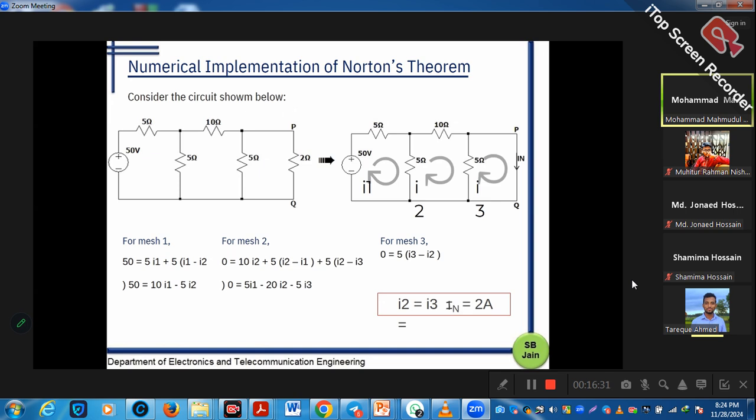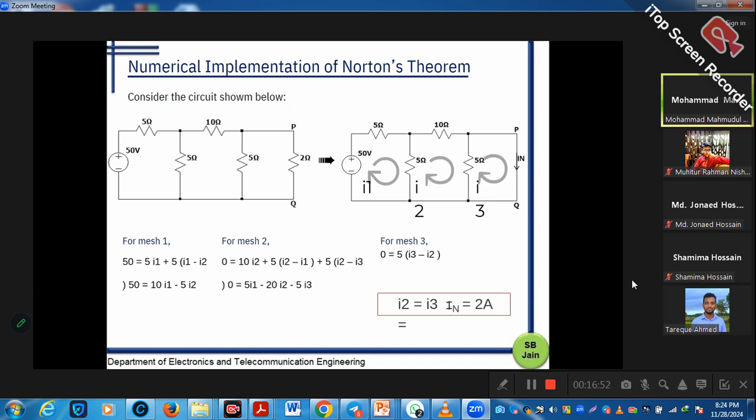What will be the Norton equivalent resistance of the circuit? Is there any difference if we use Norton's theorem and Thevenin's theorem in that circuit? No, sir. Same.